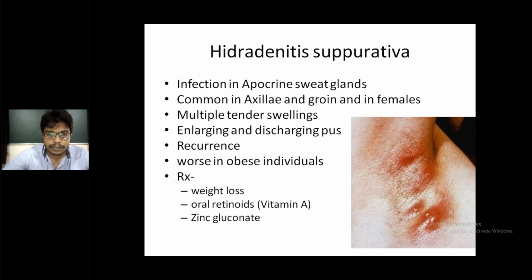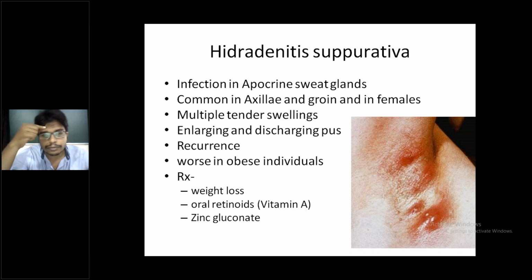Hidradenitis suppurativa. This is also one of the opportunistic infections in diabetic, immunosuppressed, or obese patients. It occurs in apocrine sweat glands: the axilla, perineum, and areola. As I have already said, there is a mnemonic in the name apocrine: APO.